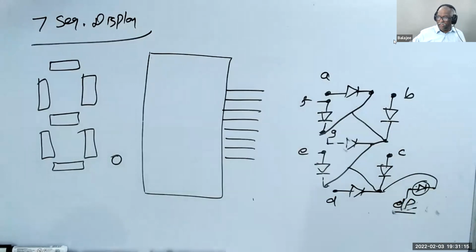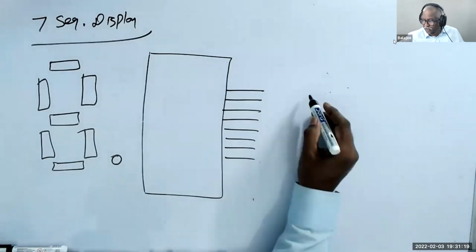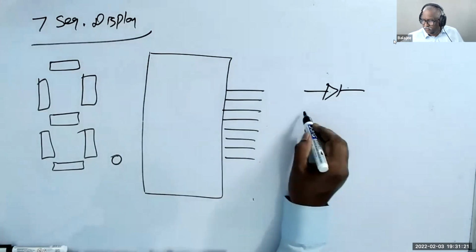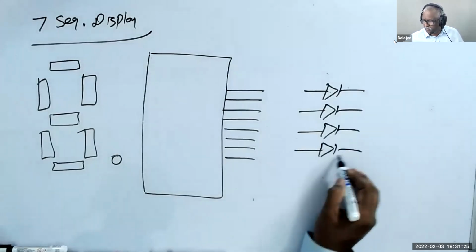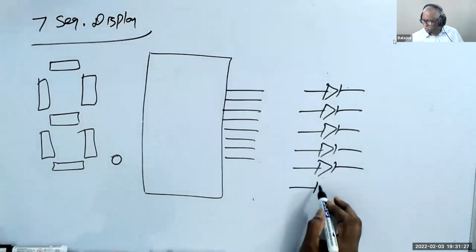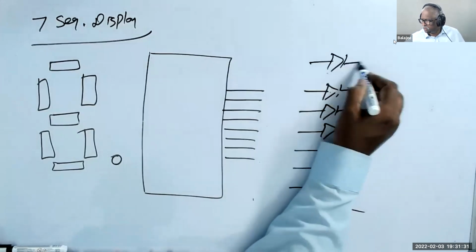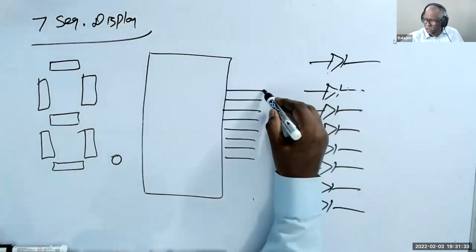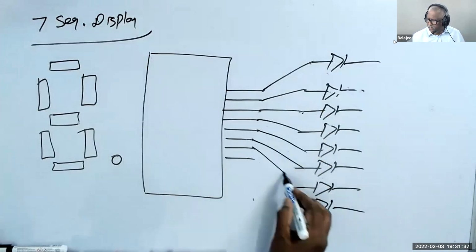If I draw like this, you will understand. So A, B, C, D, E, F, G, H.